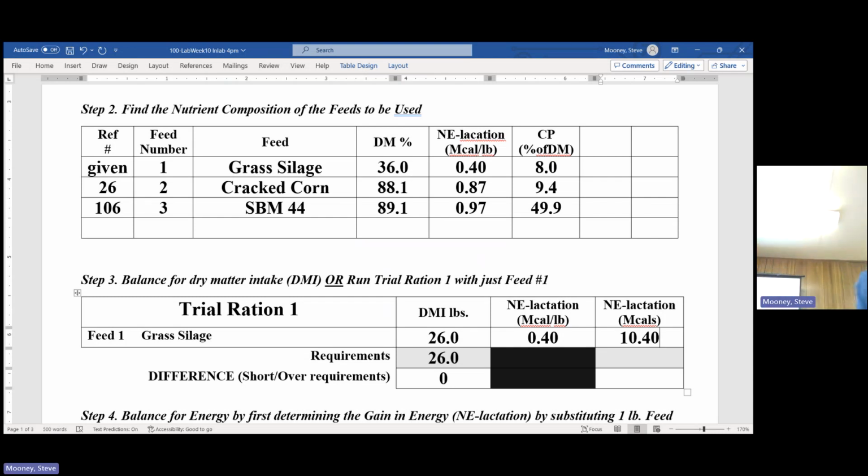Everybody happy with 10.4? We compare that to requirements, 12.45.